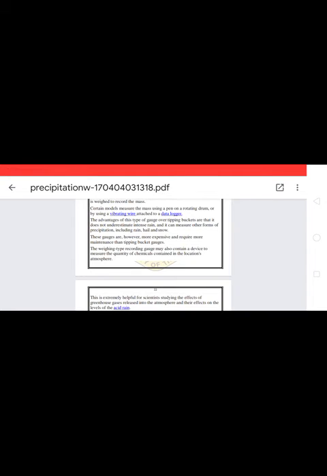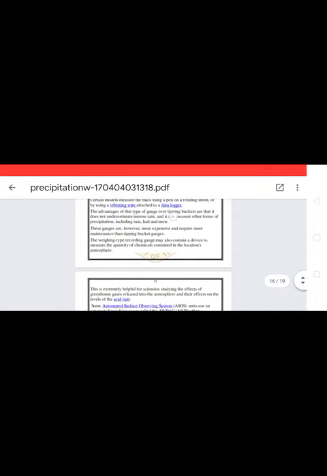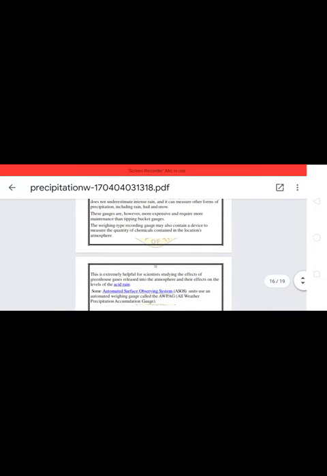The advantage of this type of gauge over the tipping bucket is that it does not underestimate intense rain, and it can measure other forms of precipitation like rain, hail, snow.